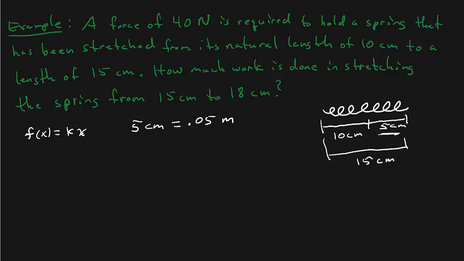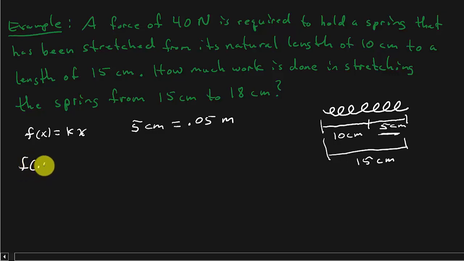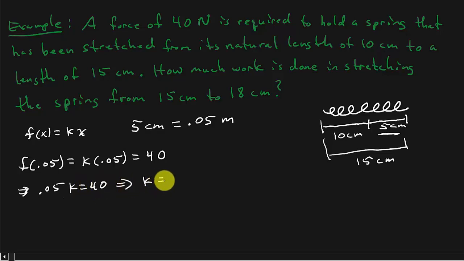All right. So what it's saying is if we take this function and we evaluate it at 0.05, that should equal 40 newtons, which tells us that 0.05 times k is equal to 40, which means k is equal to 40 over 0.05, which is equal to 800.